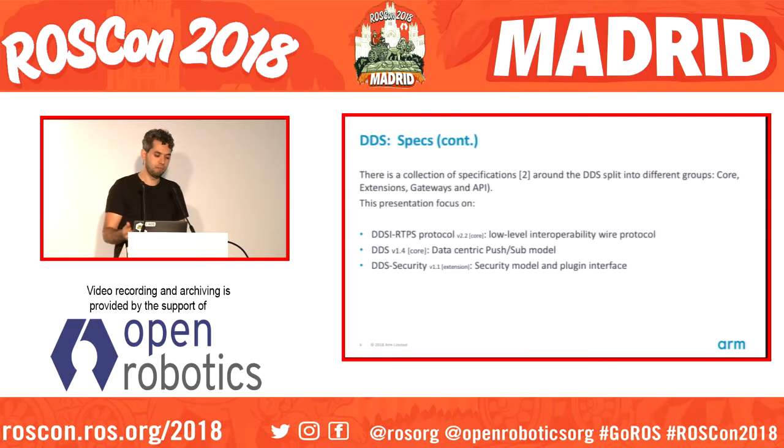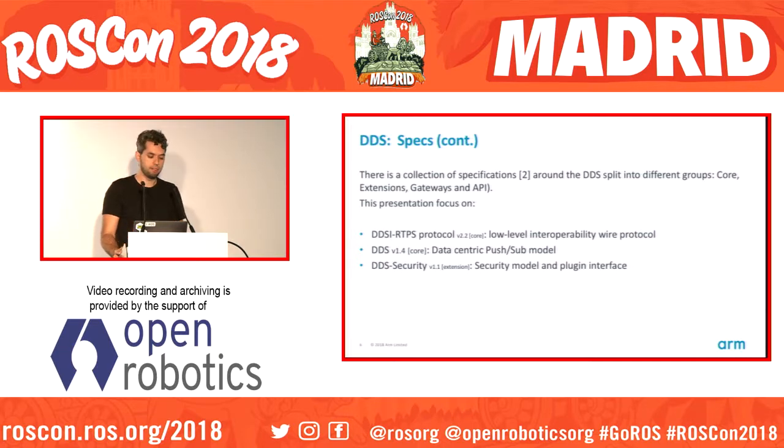Again, previous presentation already explained this, but just to give you an idea, the DDS specification is actually quite a lot. There is a collection of specifications. The main ones that have a relationship with the work we are doing is the DDSI RTPS, which talks about the low level, how the frames are packed and how it's transmitted on the wire.